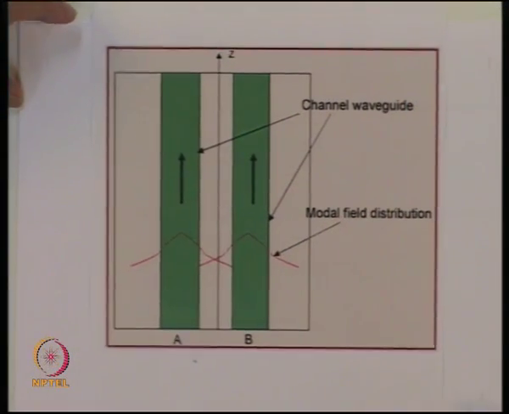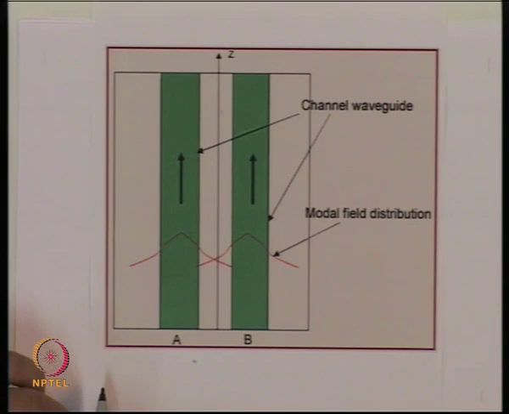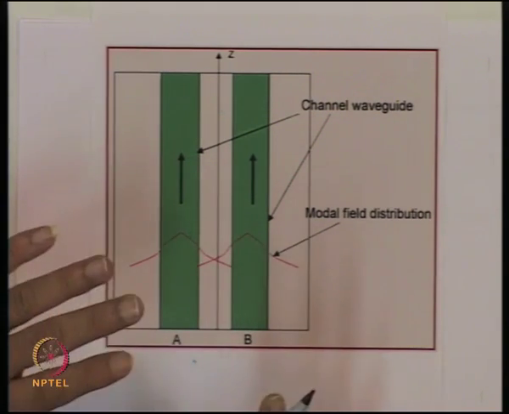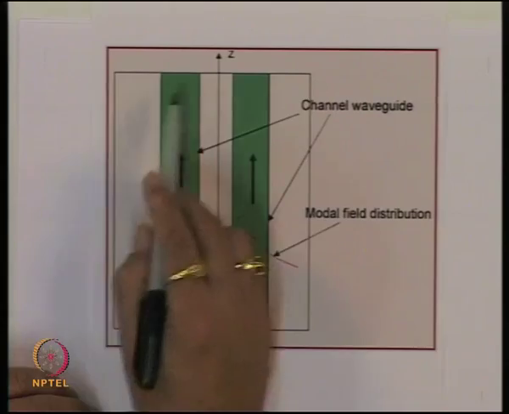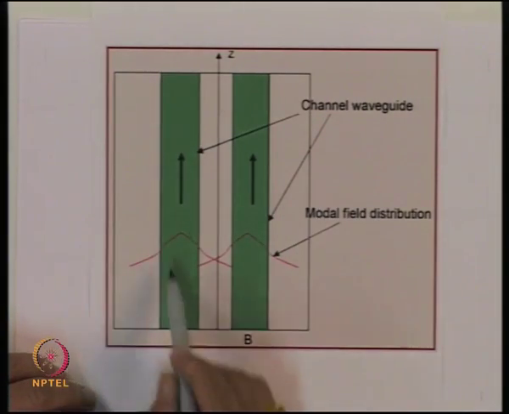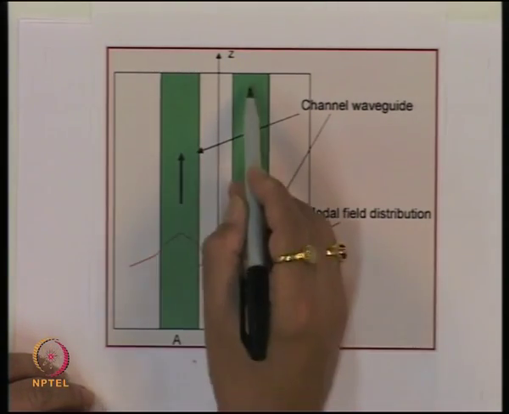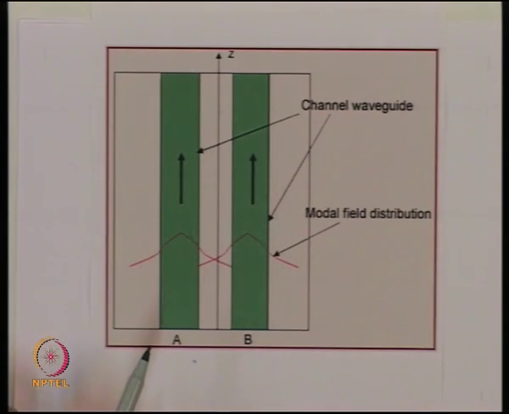So schematically, let us say what we are saying. We are talking about essentially a configuration something like this. This is now like a channel waveguide. So we have a substrate and we have created now the two channel waveguides, which are close to each other.